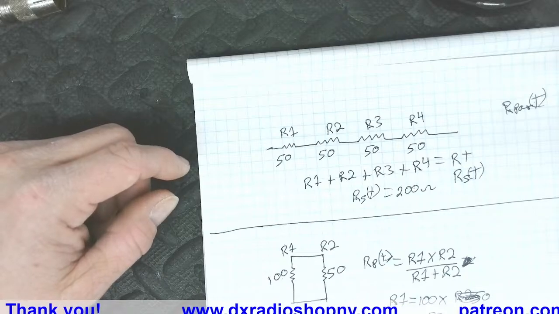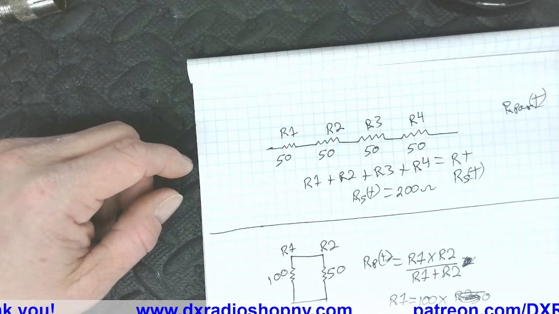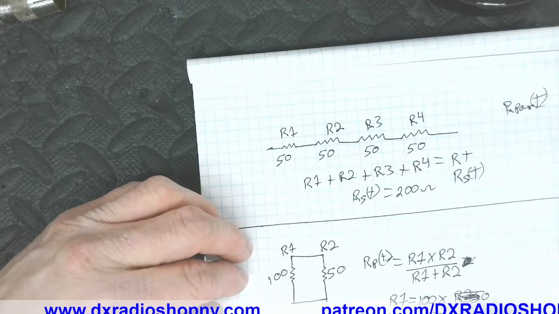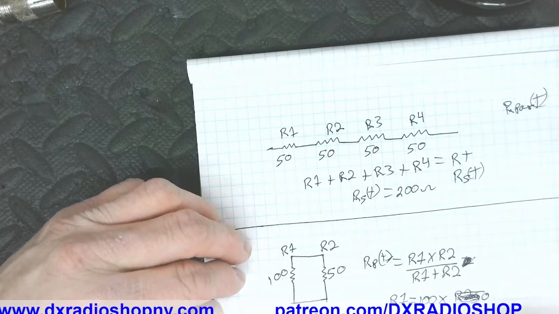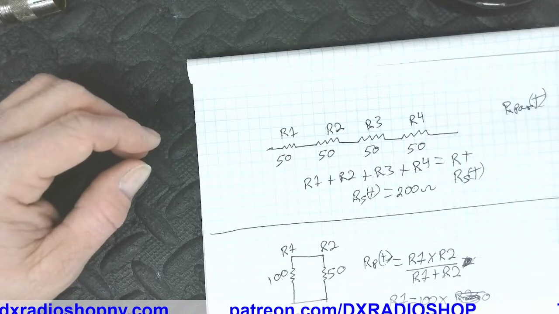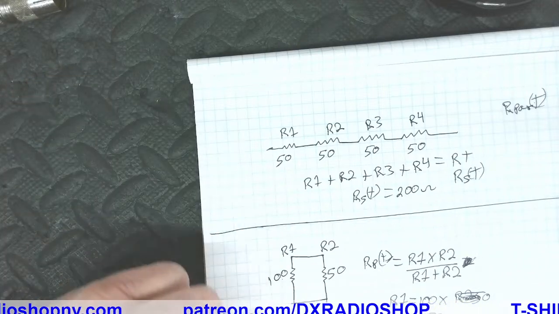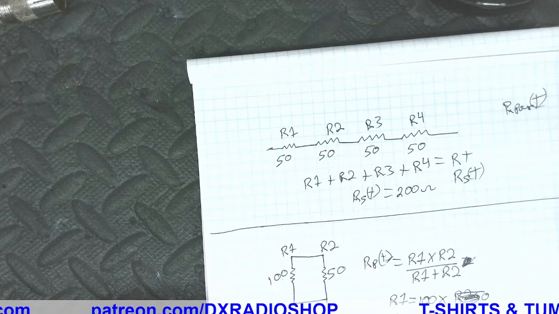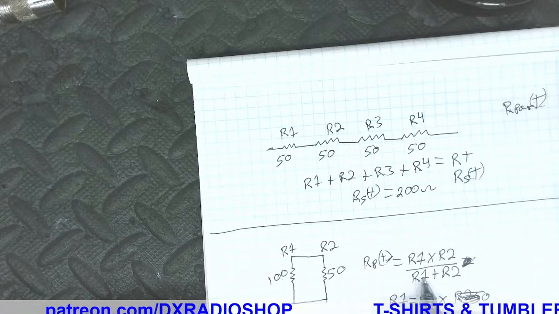So you take 100 times 50, that equals 5,000, right? Get your little Blue's Clues calculator out, guys. Here we go. Now we're going to take this number and divide that by R1 plus R2.